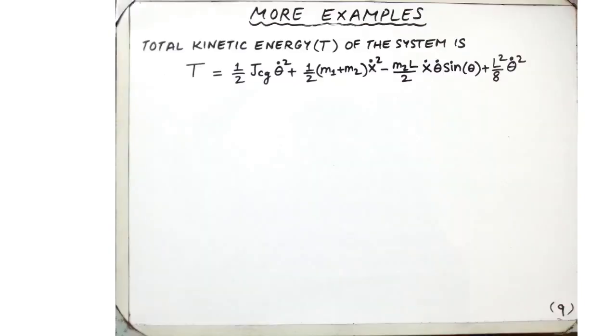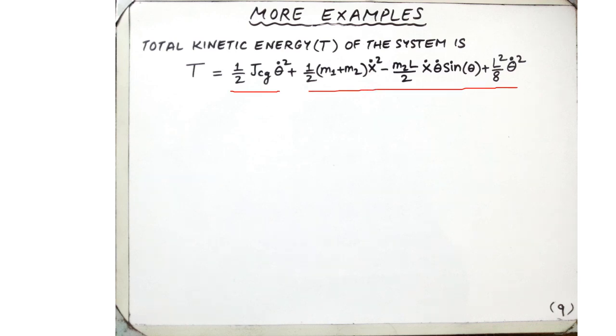Alright, so I would like to conclude my long speech with the final steps of the problem. The total kinetic energy expression would then contain the sum of the rotational kinetic energy and the translational kinetic energy of the system.